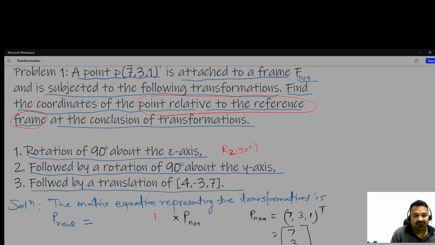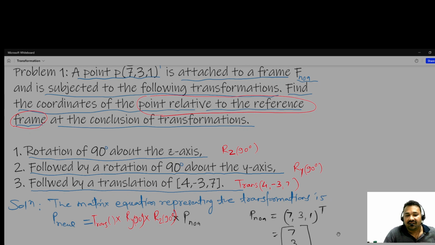So that's why here R Z 90 degree. Then pre-multiplied, and this is what? R Y 90 degree. And then this we denote T trans and 4 minus 3 7.